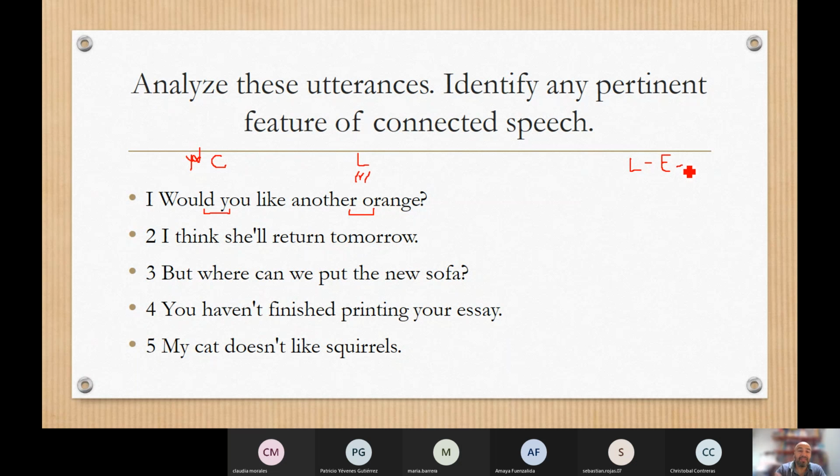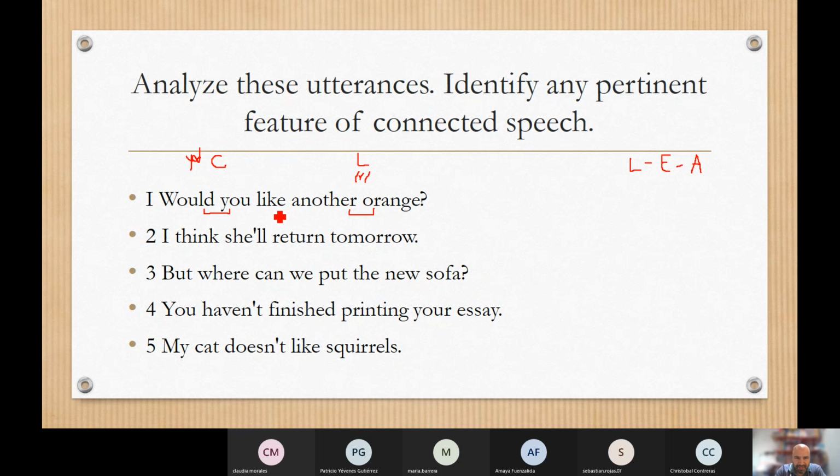And then I would start with assimilation, and I would see how sounds change or influence each other, which characteristics are assimilated by some of the sounds present in a sentence or utterance. So I go with this sort of layer: linking, and then elision, and then assimilation, and then any other phonological process that might be present.